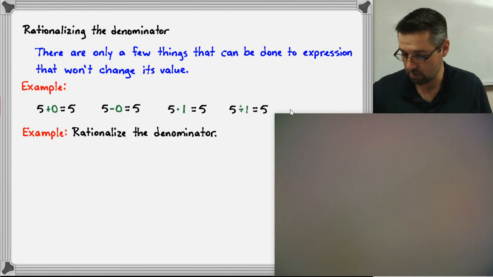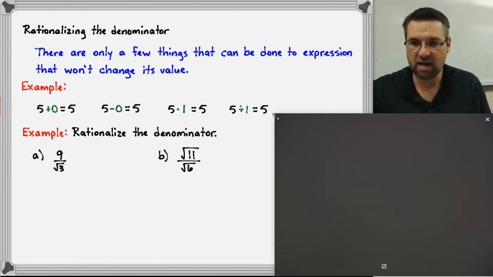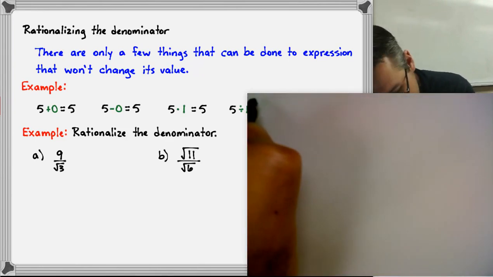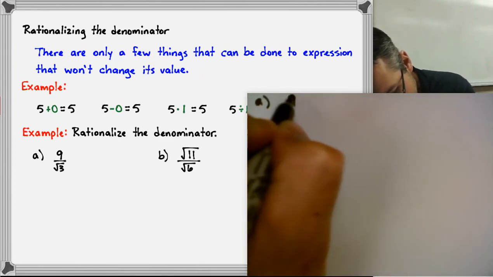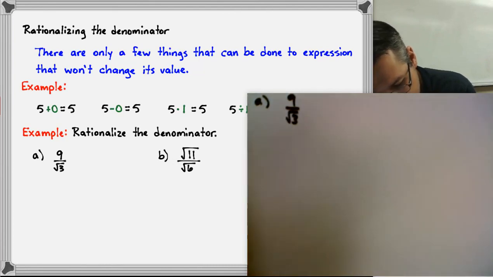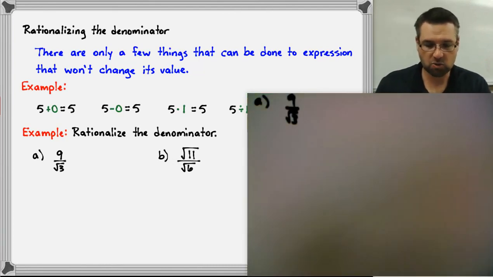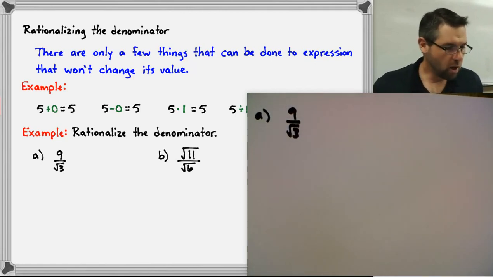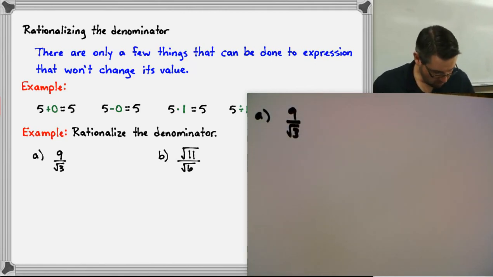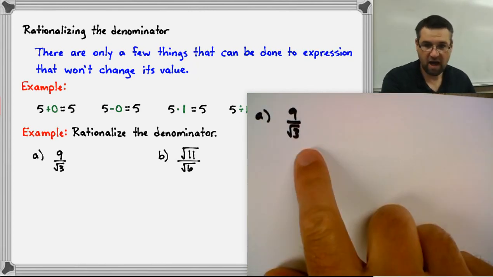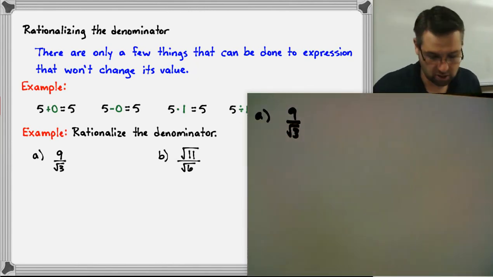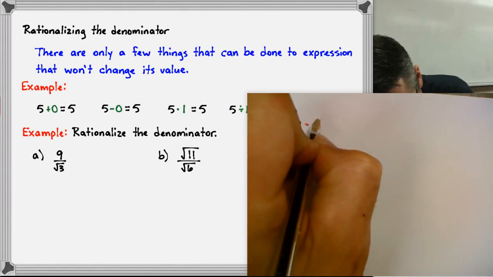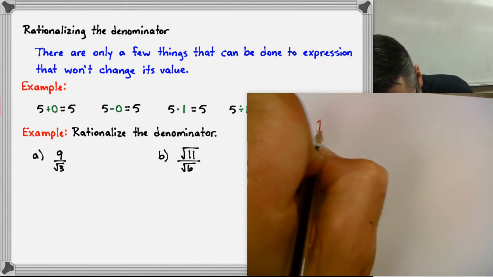So here's the example that I have, okay? I've got 9 over the square root of 3. Well, we already talked about it. The square root of 3 in the bottom is not acceptable. So what I want to do is multiply this expression by 1. By the big number 1.